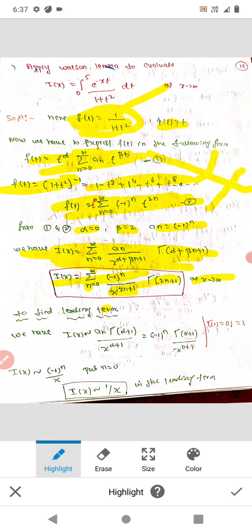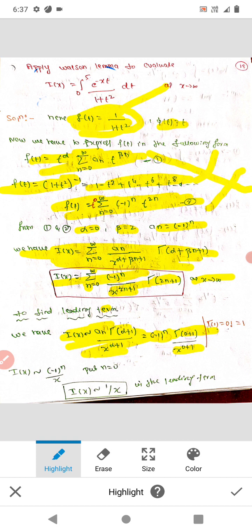So this is enough. If the question asks to find the leading order term, then we use this formula: I of x is approximated to a 0 gamma of alpha plus 1 divided by x to the power alpha plus 1. So this equals minus 1 to the power n gamma of 0 plus 1, because alpha is 0, divided by x to the power 0 plus 1.